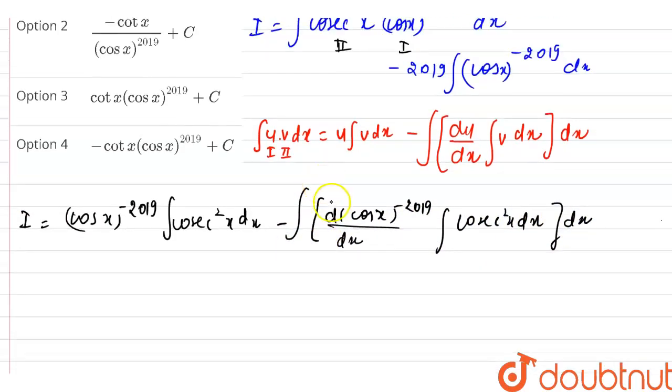And I'm writing the other term as it is: minus 2019 integration of cos x raised to the power minus 2019 dx.